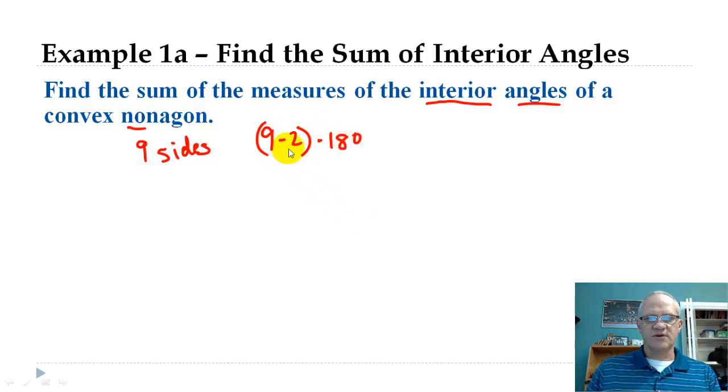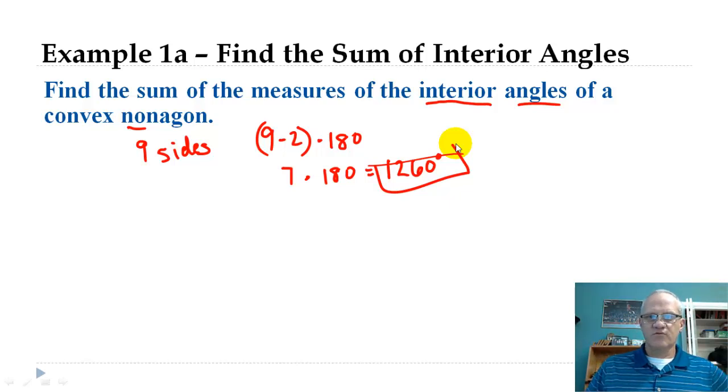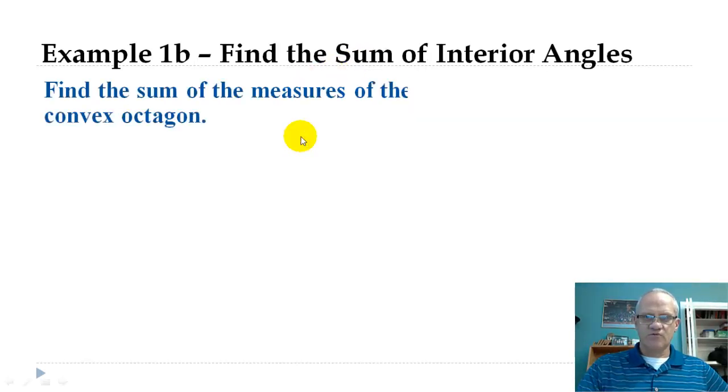That will tell me my answer, right? 9 minus 2 is 7. 7 times 180 is 1260 degrees. Okay, 1260 degrees for a nonagon. But all you're doing is just following that formula.